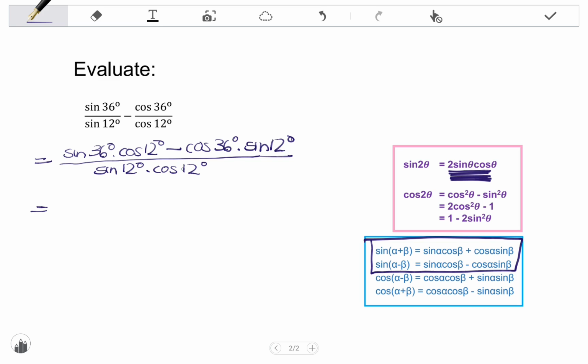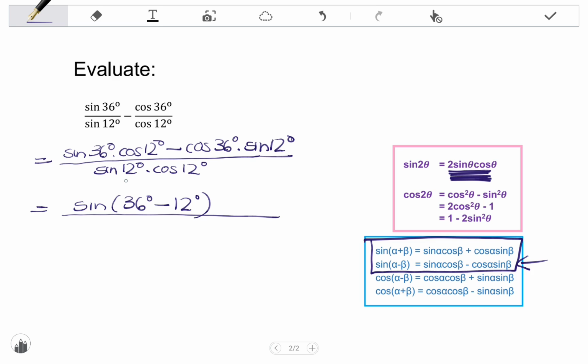Because I have that minus there, I'm going to look at the sine of an angle minus an angle, because remember, for sine the angle doesn't change. So in my numerator, those two terms can be contracted using the sine compound angle formula to sine of 36 degrees minus 12 degrees.